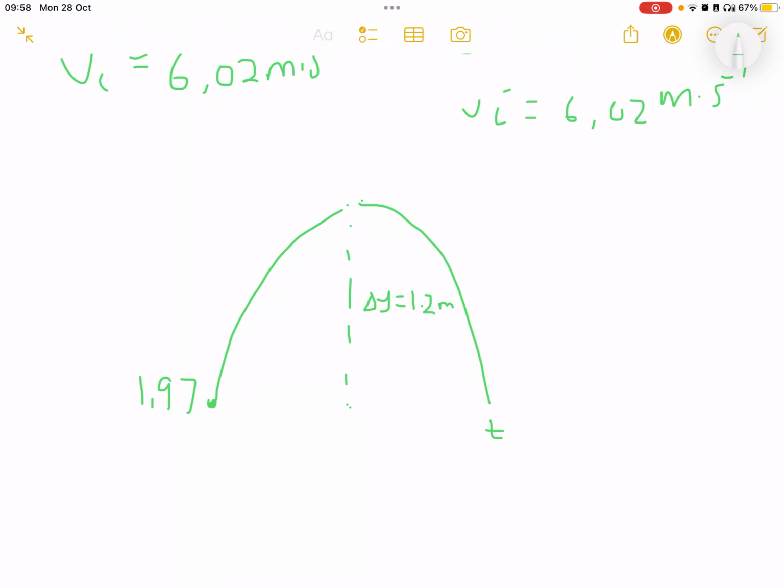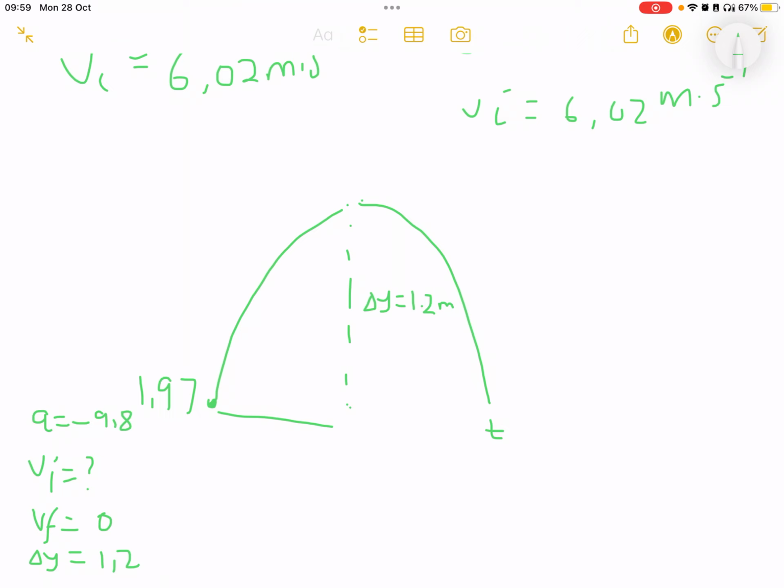So what do we say? We say we have VI, we're looking for it. Do we know how much time it took? No, we don't. So we can't use time here. But we know VF and we know delta Y and we also know acceleration, which is minus 9.8. VF was 0, this is 1.2.